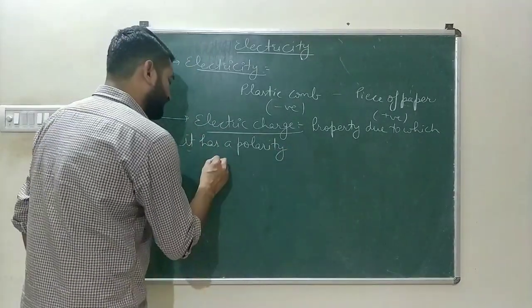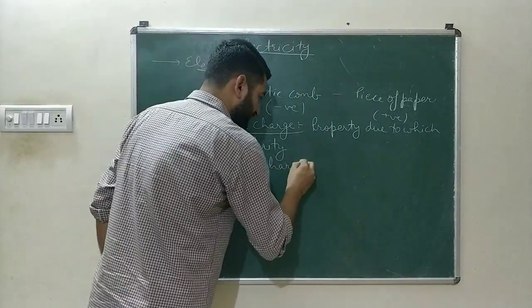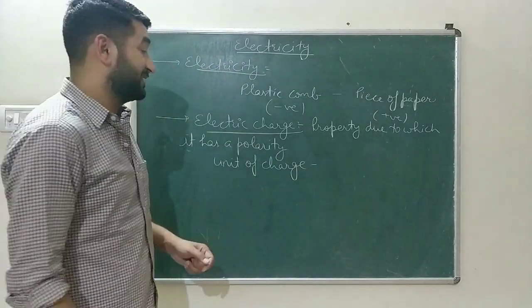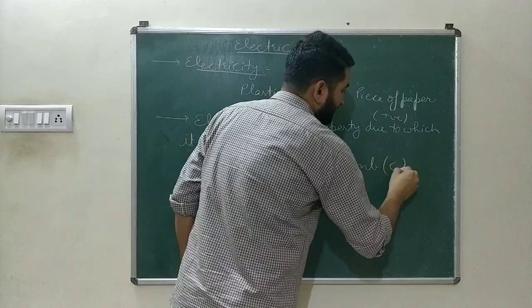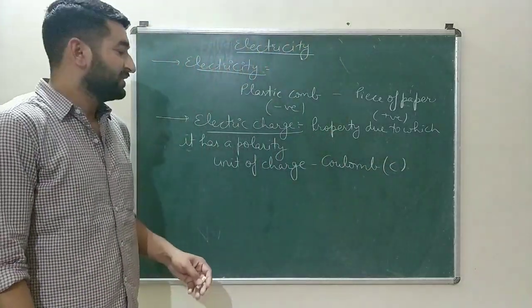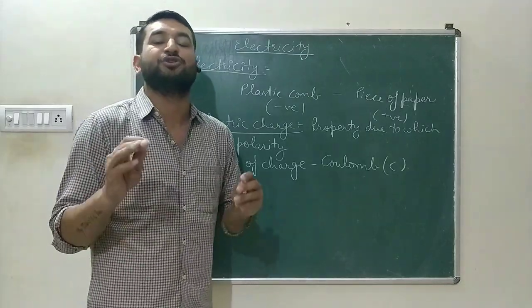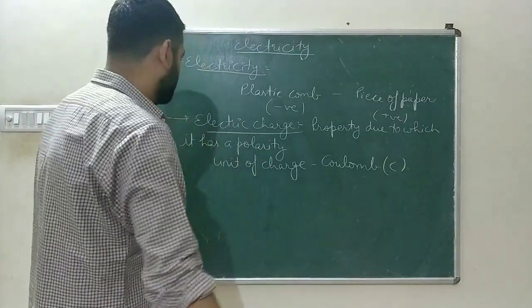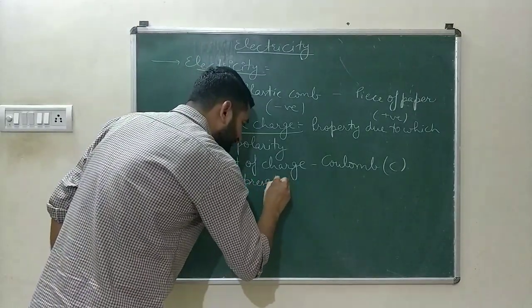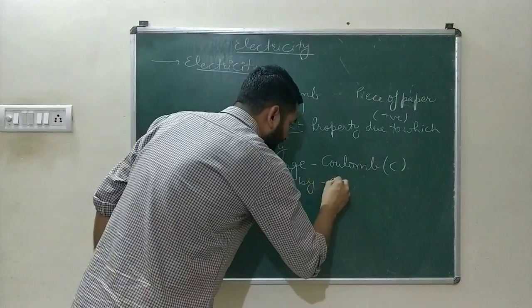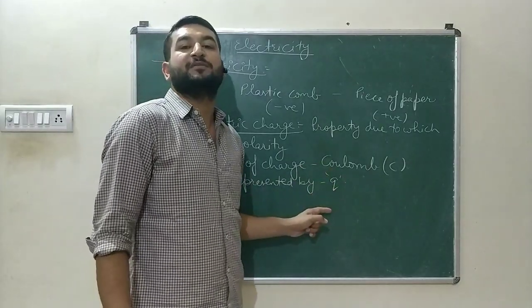Electric charge's unit was given by a scientist, Coulomb, and it is represented by capital C. This is the SI unit of electric charge, the standard international unit of electric charge. Electric charges are represented by Q. So charge on any object is represented by Q.